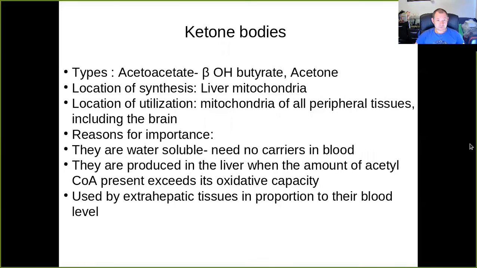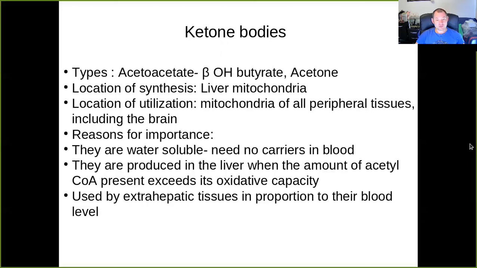Okay, ketone bodies, types: acetoacetate, beta-hydroxybutyrate, acetone. The location of the synthesis is in the liver mitochondria, primarily. Location of utilization, mitochondria of all peripheral tissues, including the brain. The brain can live on glucose.